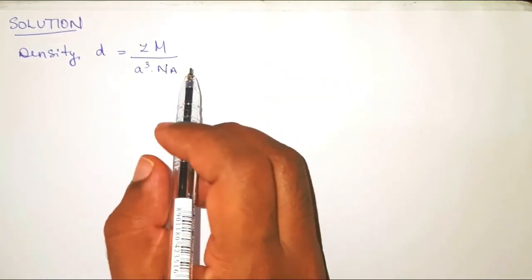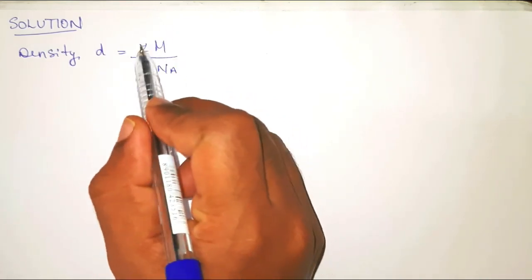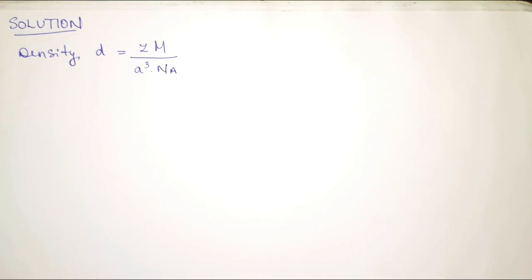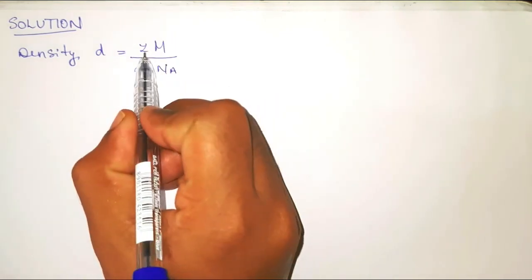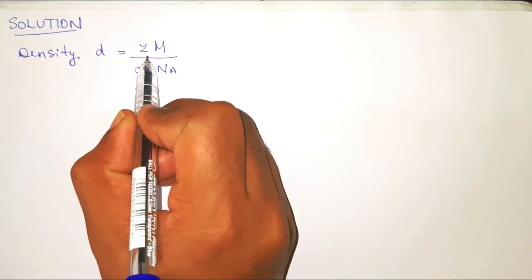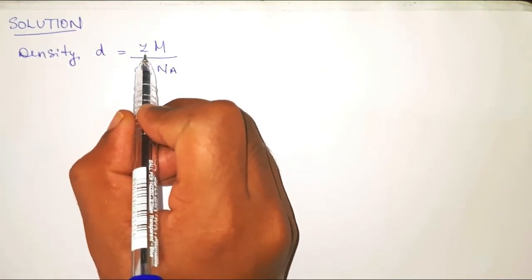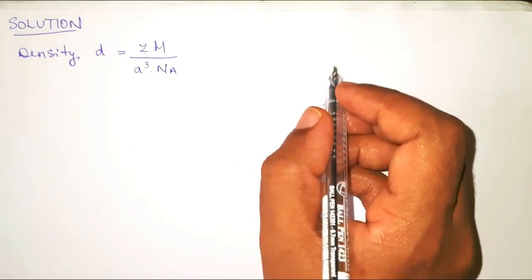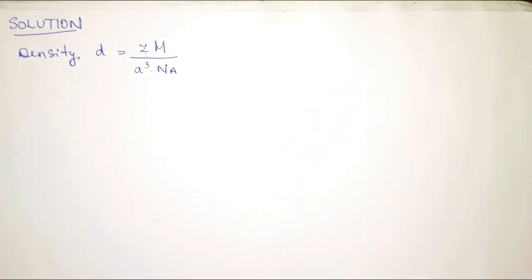So what we need to do is substitute all these terms and then simplify. First one is Z. Z is the number of atoms in the unit cell, isn't it? Here in the question it is given that it is a CCP lattice, or an FCC crystal. You know how many atoms are present in an FCC crystal.